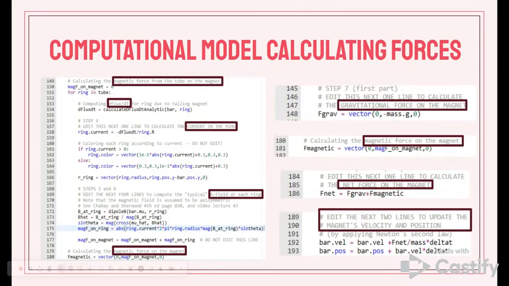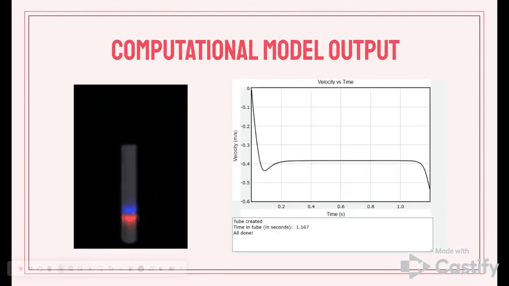We also computationally determined the gravitational force on the magnet and considered both in the forces acting on the magnet, with the magnetic force pulling up and the gravitational force pulling down. Then we calculated the bar magnet's velocity and position as a function of time.